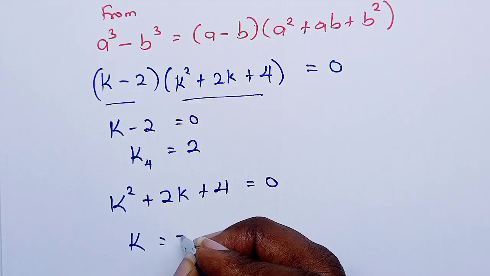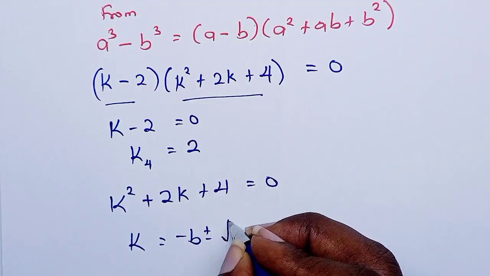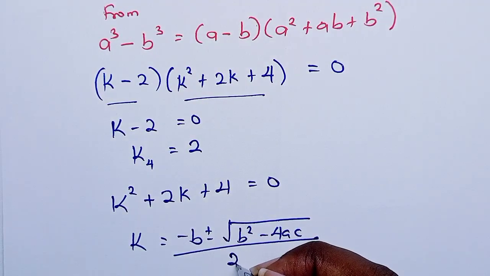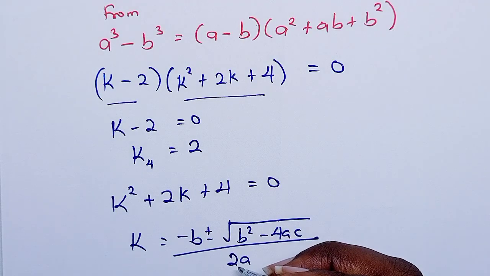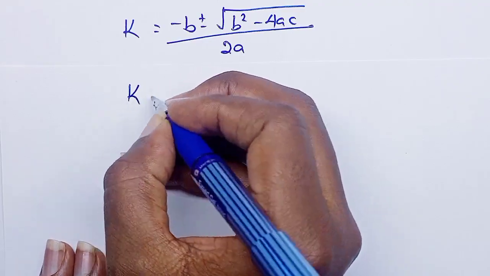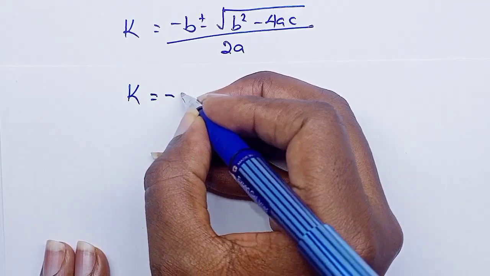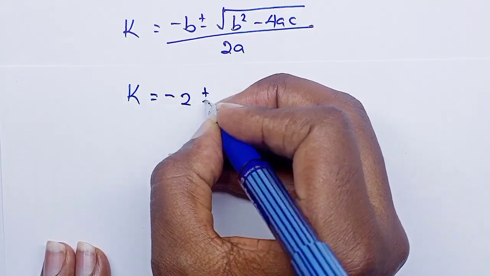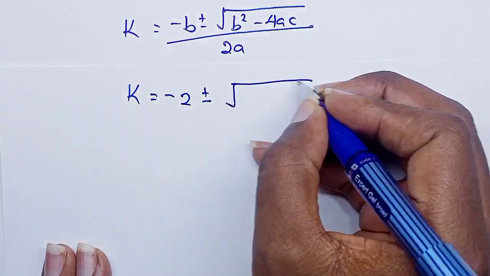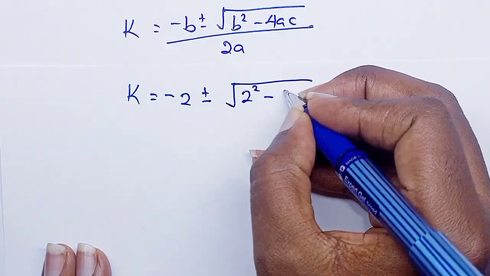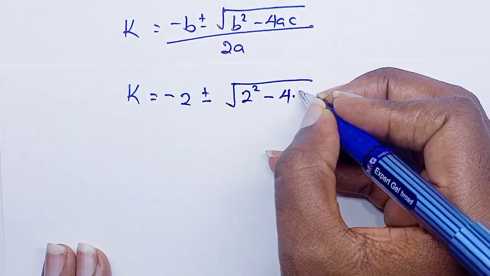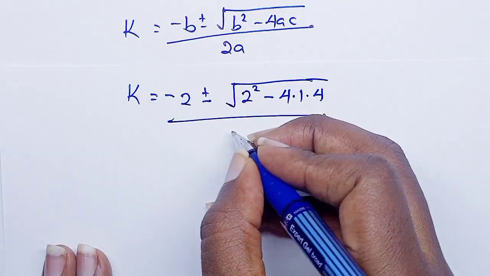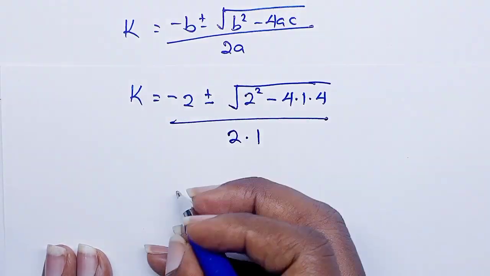So k will be equal to minus b plus or minus the root of b squared minus 4ac, over 2a. So k is equal to minus b, b is positive 2, so minus 2 plus or minus the root of 2 squared minus 4 times 1 times c, which is 4, over 2 times a, which is 1.